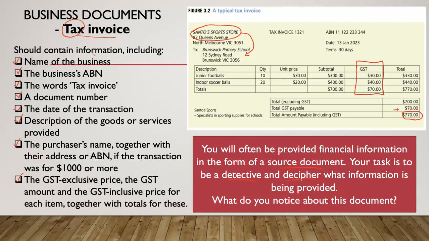And that was for 10 footballs and 20 soccer balls. So if I'm Santos Sports Store, I now have all the information to start to record a business transaction, a sale of $770 including GST to the local primary school. And I can start to report and record this in my accounting system.